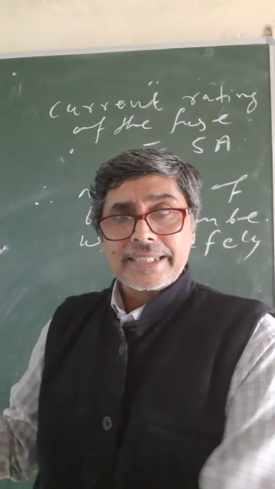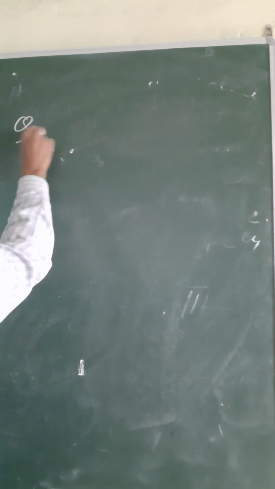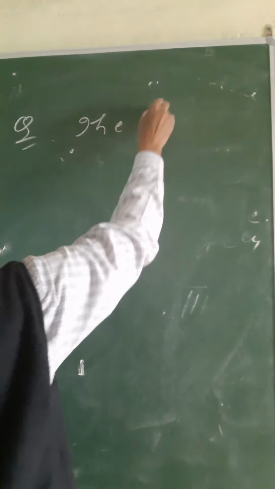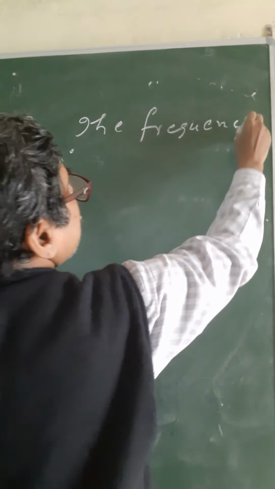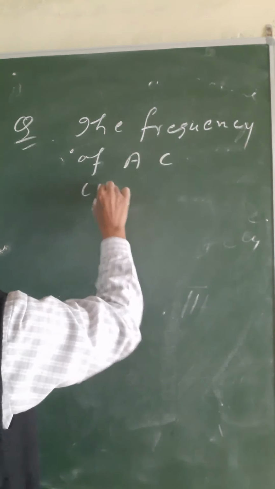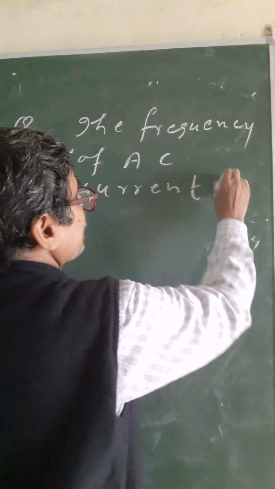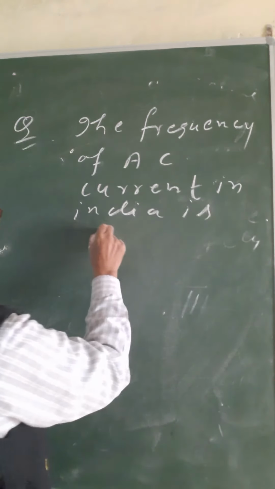Now question number 3. The frequency of AC current in India is 50 Hertz.